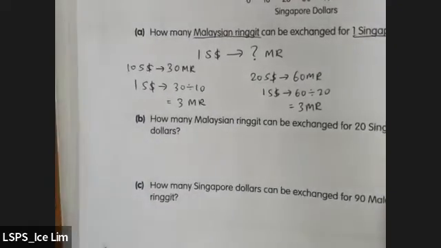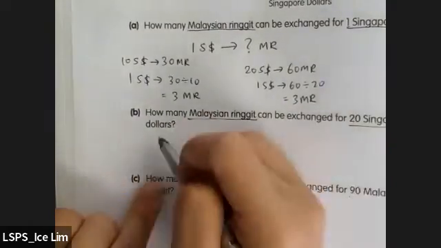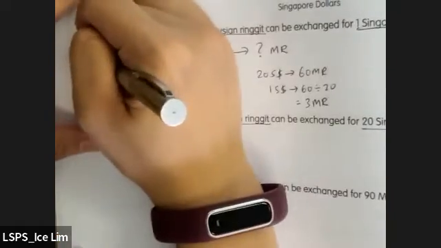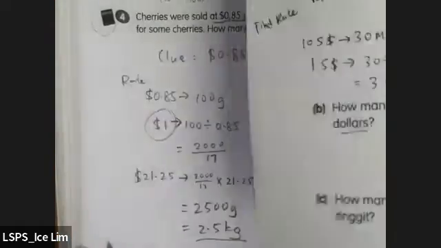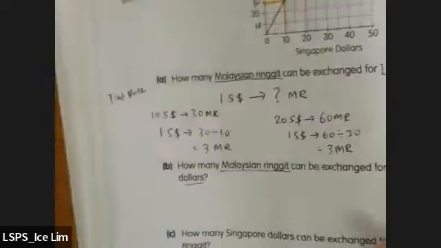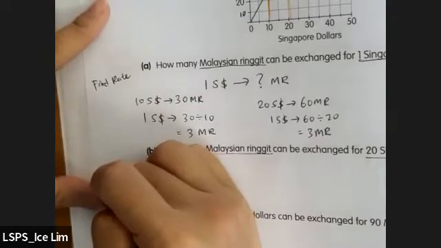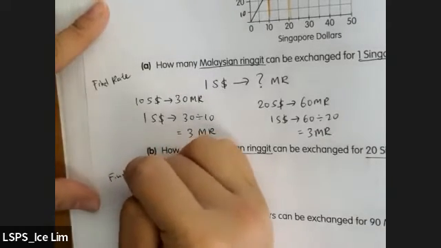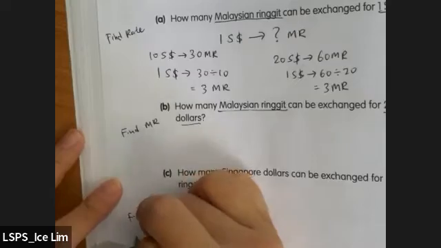Are you okay with the next two? So the first one already asked you to find rates. Okay, so it's just like how we did the previous pages for rates. Then the ideas come already. So the next one asks for Malaysian ringgit, and then the next question asks you for Singapore dollar.